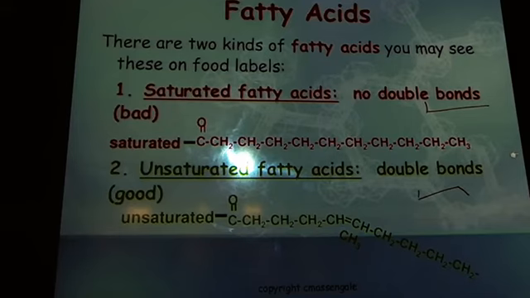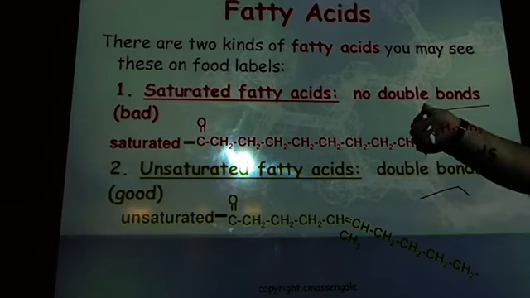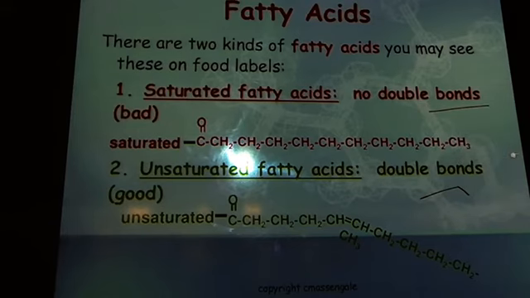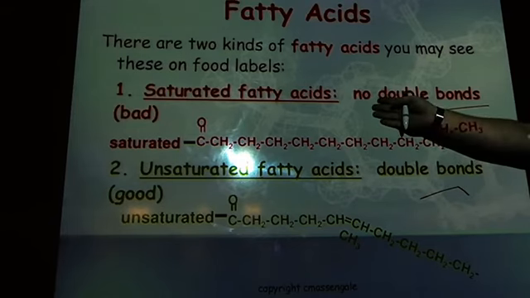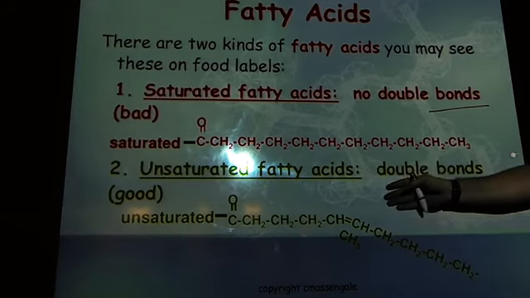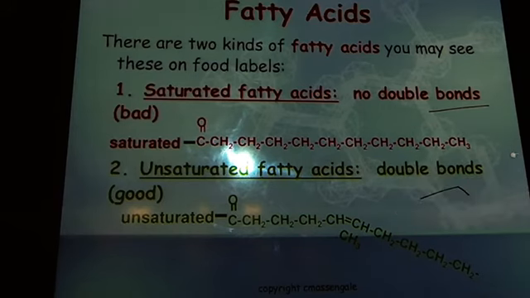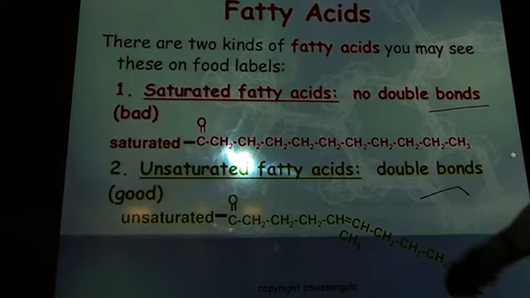Okay? If you go home and look at your butter, if it says it has saturated fats in it, don't eat it. It's actually really bad for you. If it says you have unsaturated fats in it, still don't eat it. It's butter. But it's at least better for you.